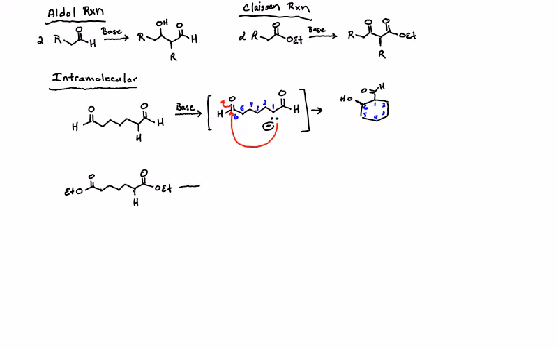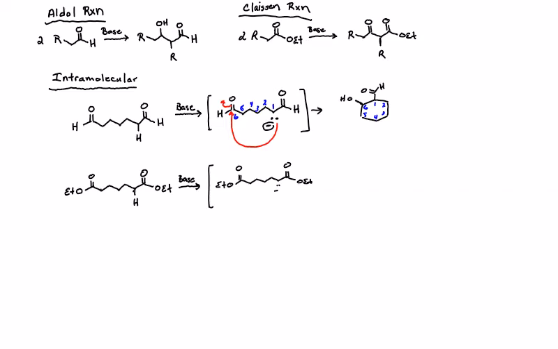So if we treat this with base, we generate the enolate. Okay, and just like before, I'm not going to draw it in the form that has the negative charge on oxygen. I'm going to leave it on the carbon there, but remember that resonance does distribute that negative charge between the carbon and the oxygen.